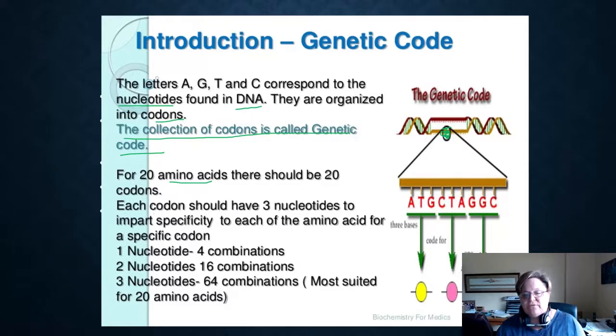Each codon should have 3 nucleotides, and that tells us which amino acid it is. There can be several different combinations, so if you have 1, 2, or 3 nucleotides, you could have many different combinations. The 3 nucleotides, or 64 combinations, is most suited for the 20 amino acids.